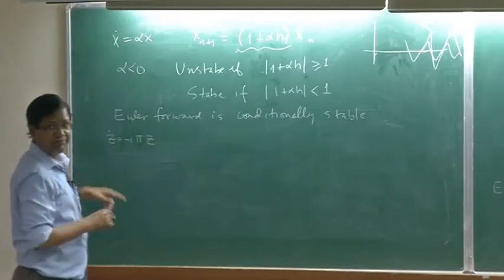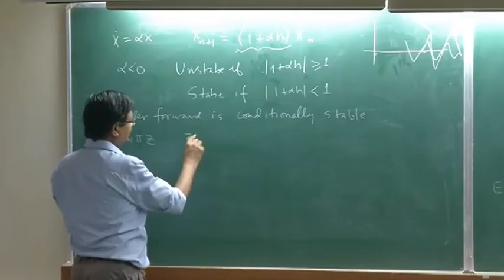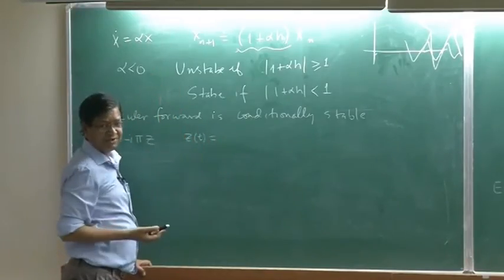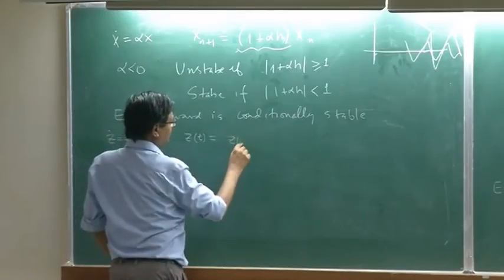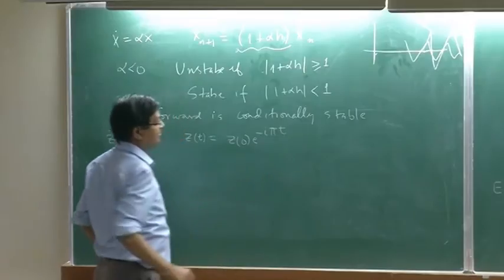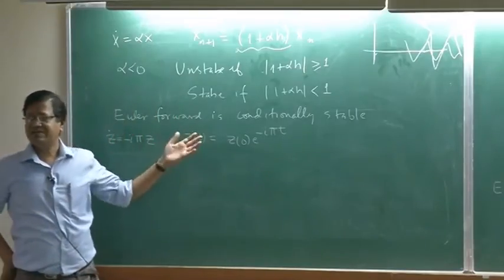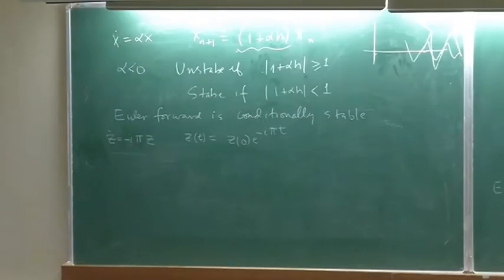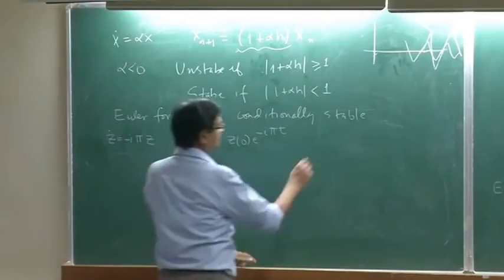The solution is oscillatory. z of t is z0 e to the power minus I pi t. It is a complex number, but it is going on a circle in the complex plane.